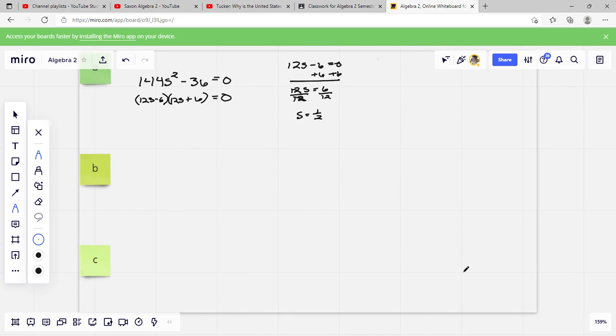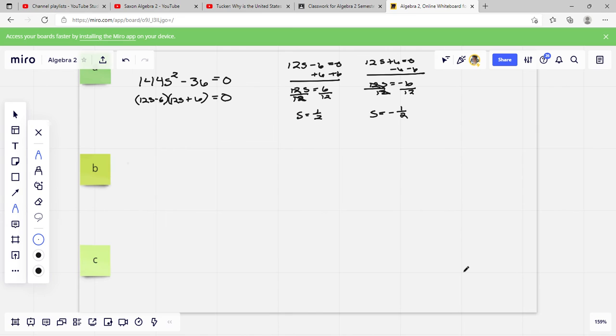And then for the other side, it's just going to come out as negative 1/2. 12s plus 6 equals 0, minus 6 minus 6, 12s equals negative 6, divide by 12, and I'm going to get s equals negative 1/2. So you should have got positive 1/2 and negative 1/2.